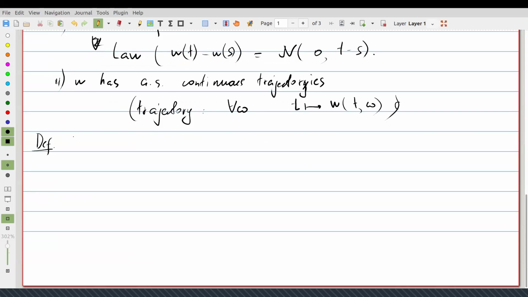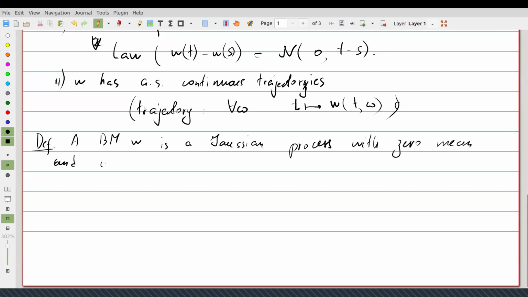So, for instance, alternatively, we can say a Brownian motion in Wiener process W is a Gaussian process with 0 mean and covariance minimum of t, s.